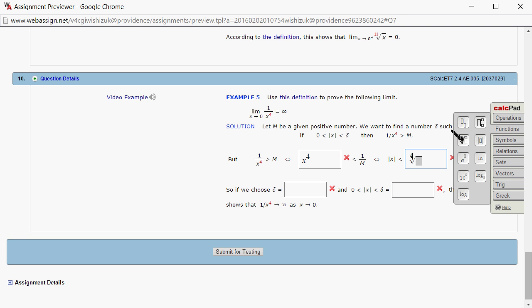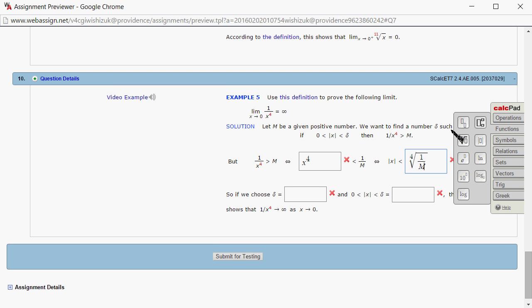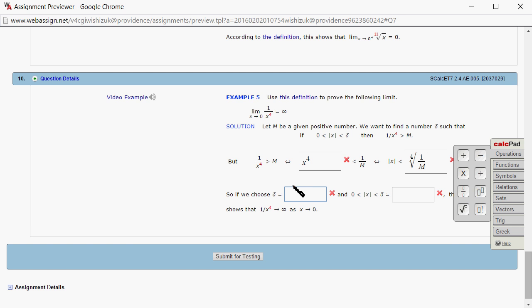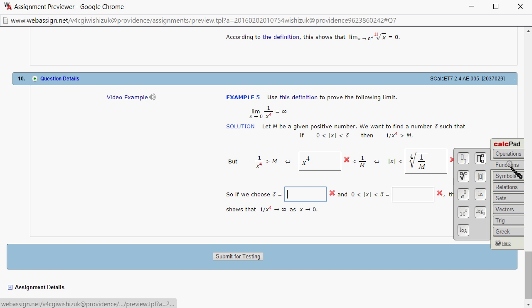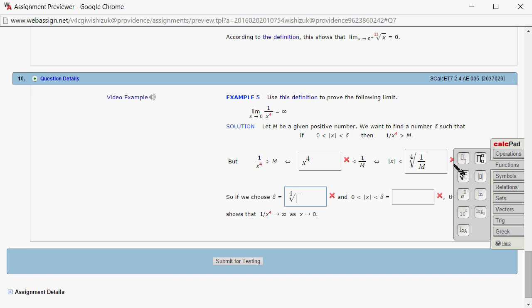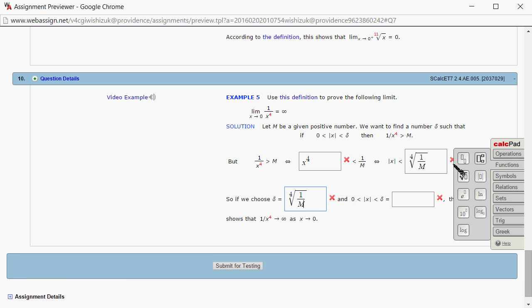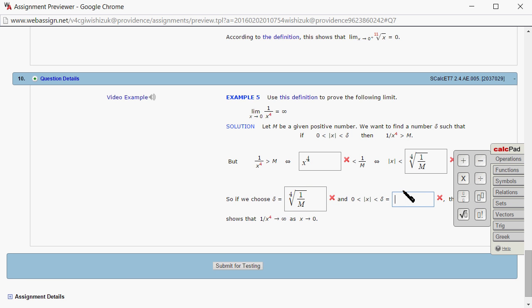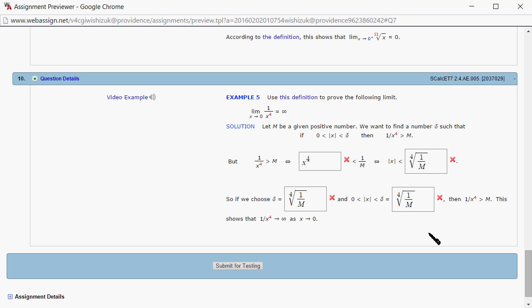We take the fourth root of 1 over M. And we choose the fourth root of 1 over M to be the delta. And this is again the same thing, the fourth root function of 1 over M. Here. Submit for testing.